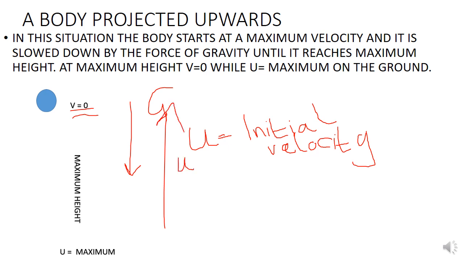So the initial velocity is higher than the final velocity, since this thing has a negative g as its acceleration. Its acceleration is negative.